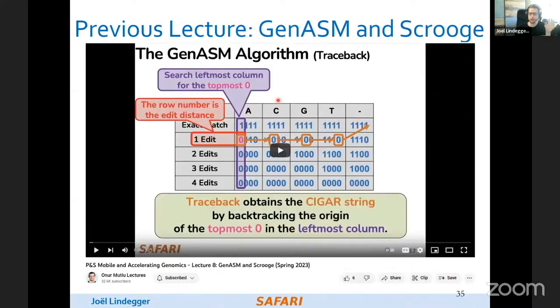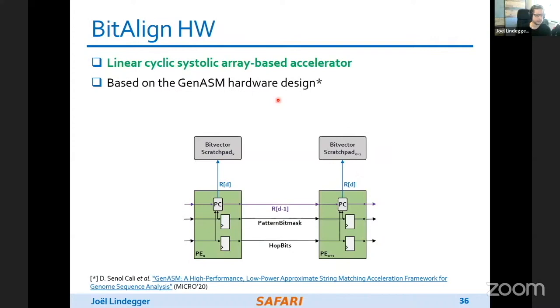If you want to have low-level details of this algorithm, I went into a lot of detail in that lecture in terms of how these algorithms work and how they can be improved. But yeah, this already exists, basically, this systolic array-based accelerator. The thing that's really missing here is hops, so these indirect edges in the graph. So let me remind you, in case you don't know or have forgotten what a linear systolic array is.